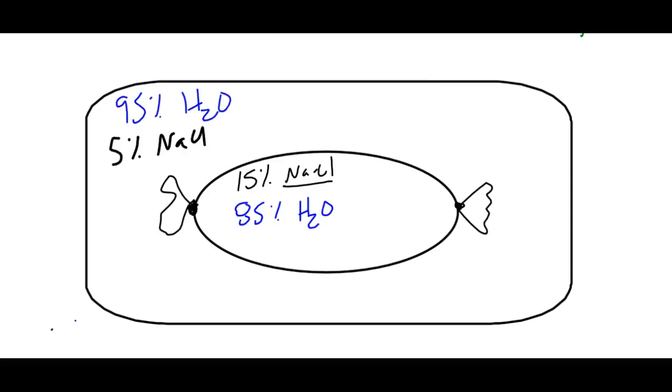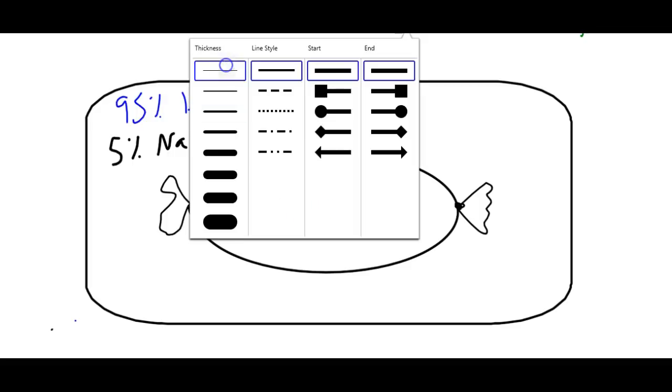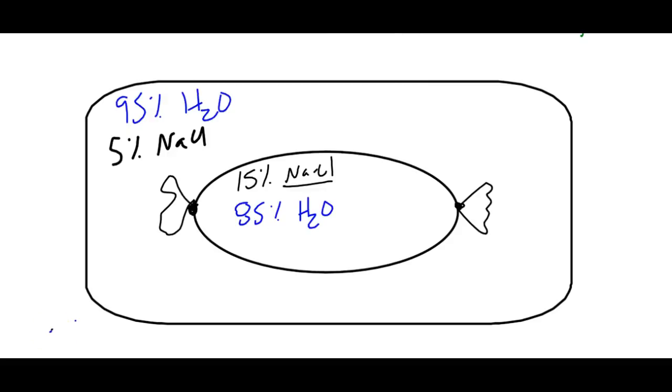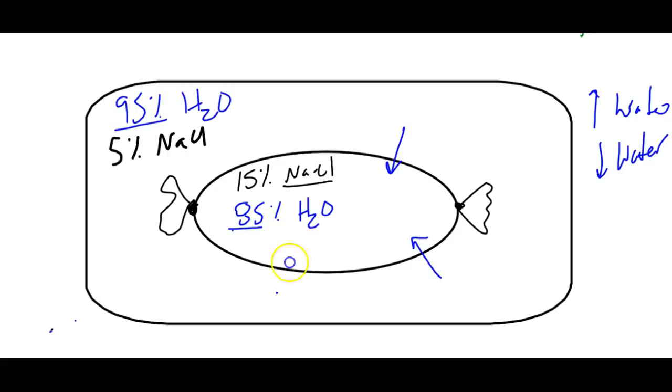Now, if the membrane is permeable to water, water is going to want to diffuse through the membrane. Water is always going to go from high water to low water. So water is going to go from an area of 95% to an area of 85%. Water will transport through the membrane and penetrate into that dialysis tube bag, and so it's going to swell.